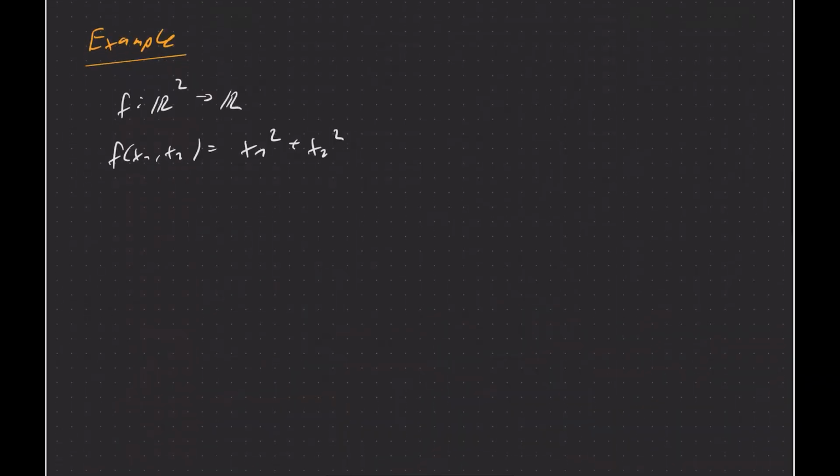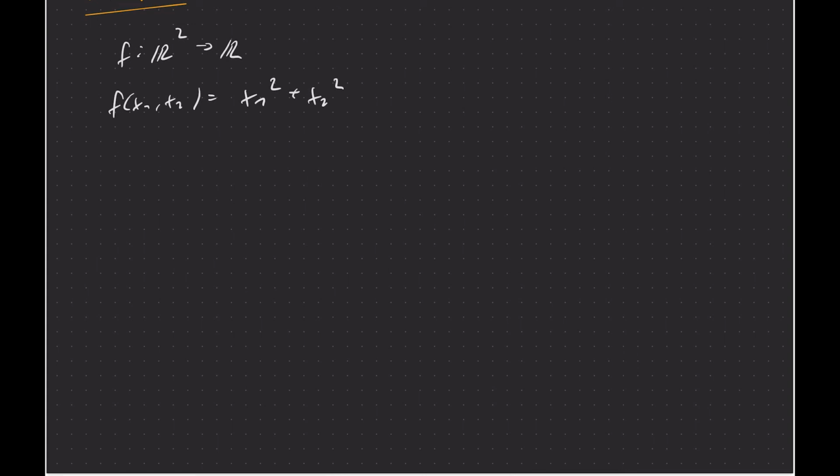Let's say we are looking at a function f defined on R2. And let's say f of x1, x2 is defined as x1 squared plus x2 squared. Very simple. And what we'd like to do is find out about the gradient of f expressed in polar form.